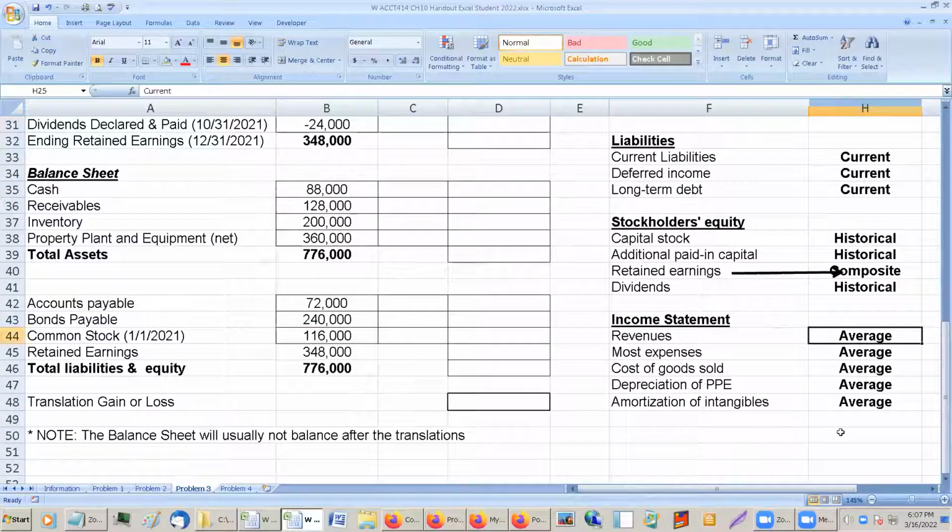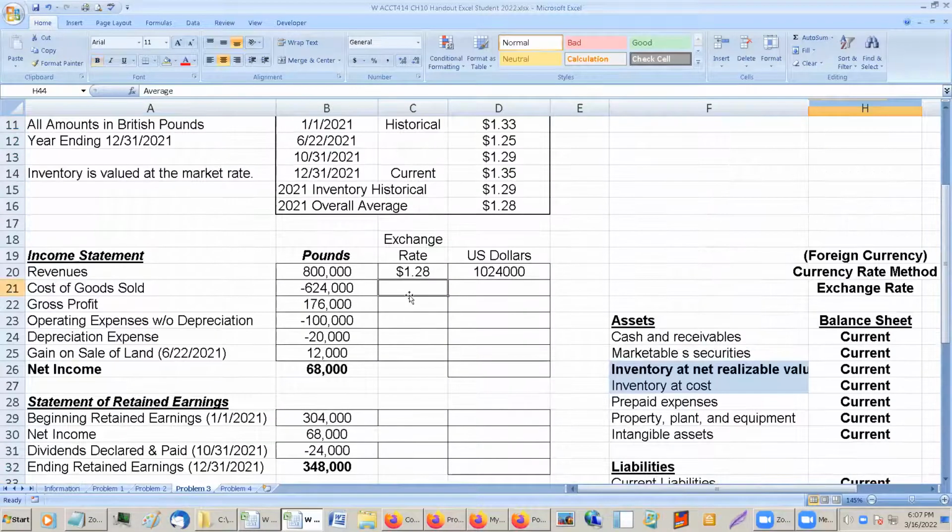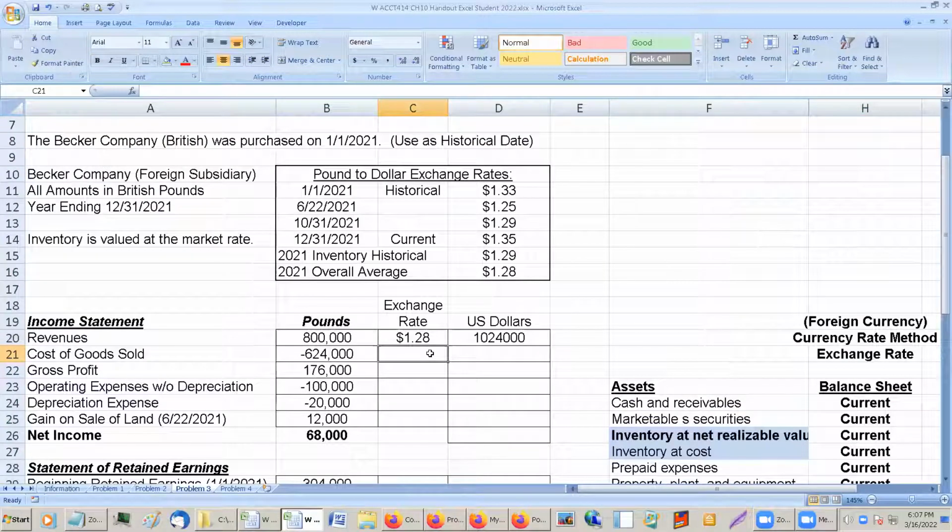So coming down here for the income statement stuff, everything pretty much goes in at the average. And this is because they are not bringing this back into US dollars.